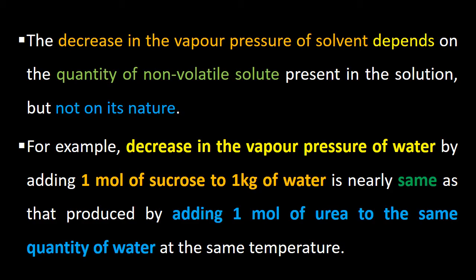Here, if you observe carefully, the amount of solute added is the same, that is sucrose you are adding 1 mole and urea is also 1 mole, and hence the vapor pressure of solvent depends on the quantity of non-volatile solute but not on the nature. Even though the solutes are different, sucrose and urea, the decrease in the vapor pressure produced is the same.